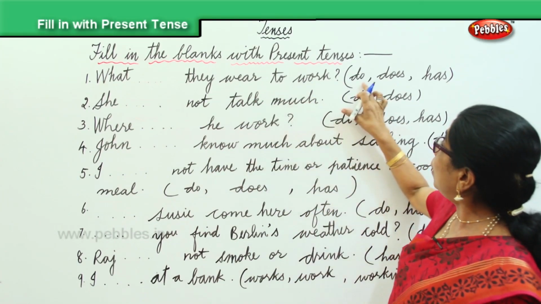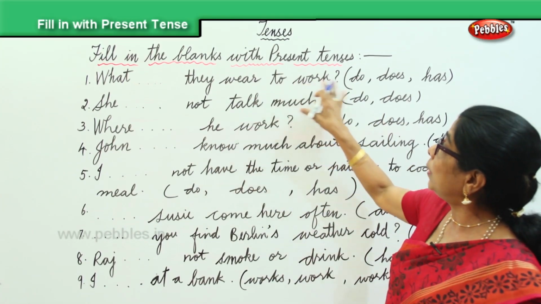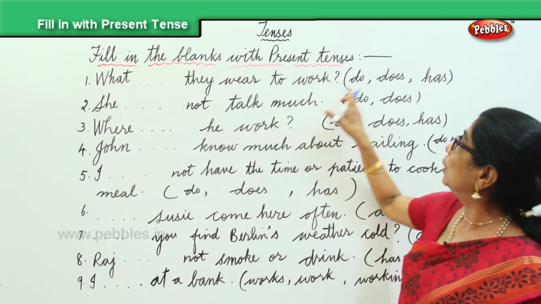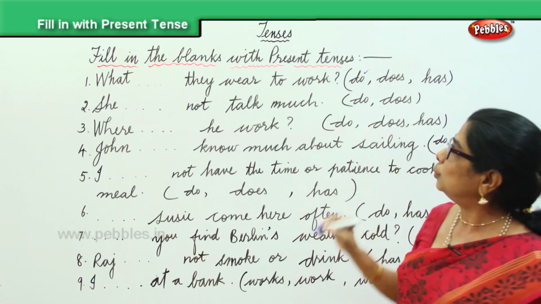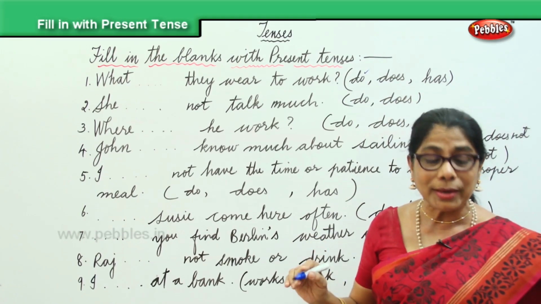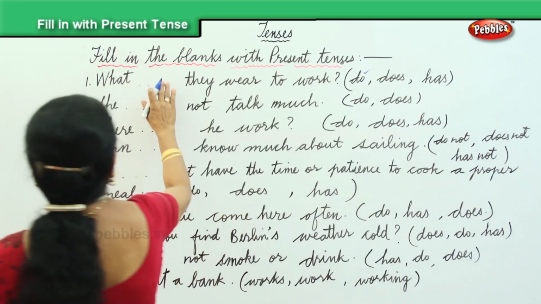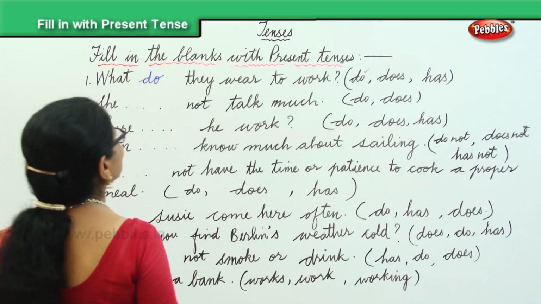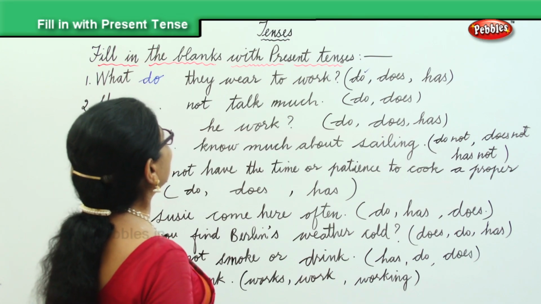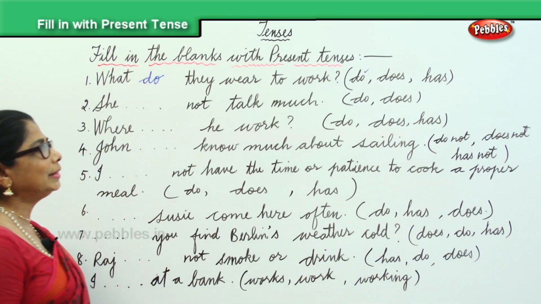What does they wear to work? No. What has they? No. So the correct is, what do they wear to work? So we filled in the first one. What do they wear to work?